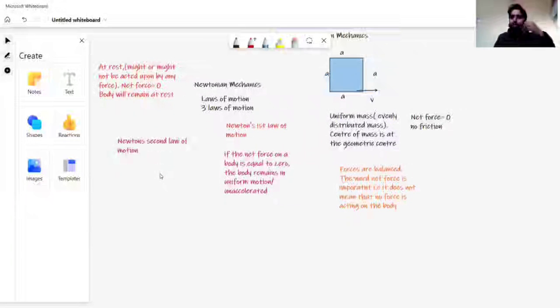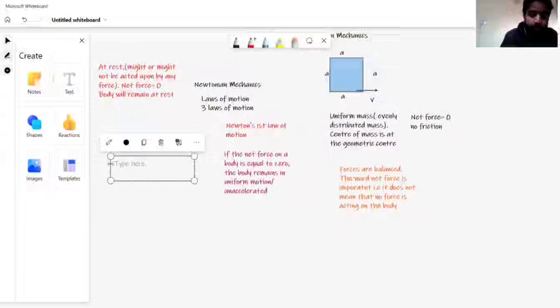We arrive at some case, and when we arrive at some case in Newtonian mechanics, then it becomes exactly what Newton's second law of motion is. Before understanding that, you need to understand a technical term and a physical quantity, which is momentum.